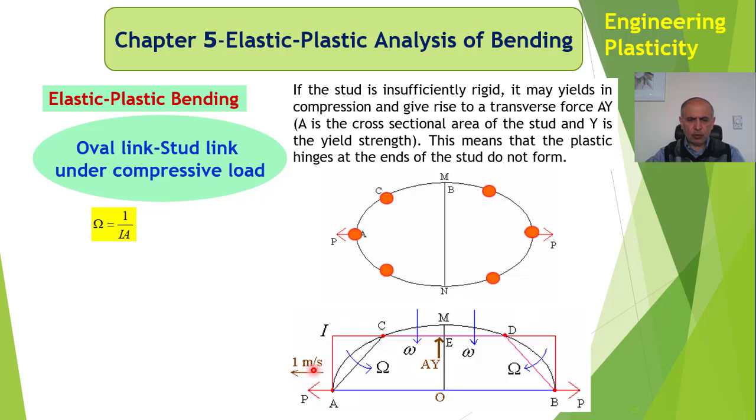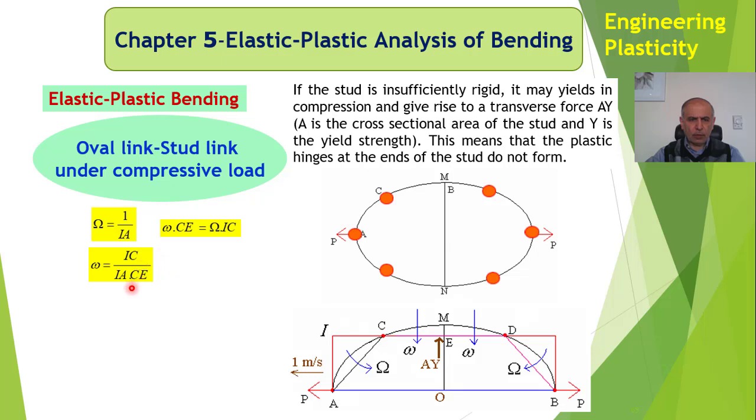So if this moves with 1 meter per second, big omega is 1 over IA. 1 over IA is the angular velocity of this AC, and small omega times CE is equal to big omega times IC, and here we find the relationship between the big omega and small omega.